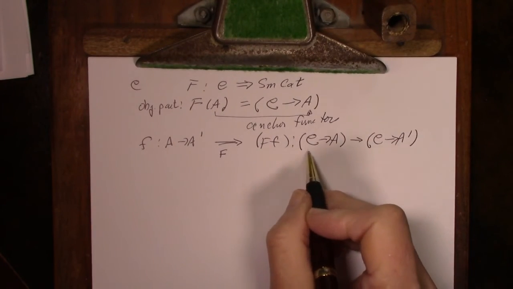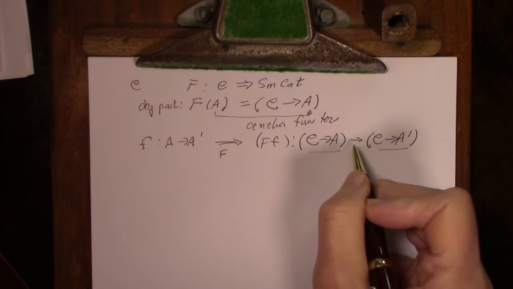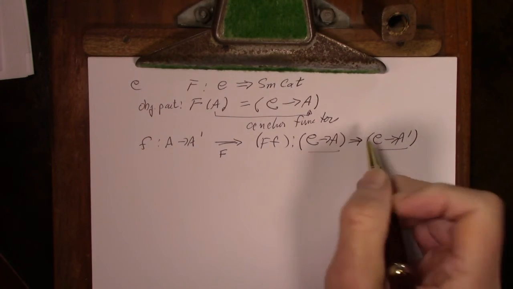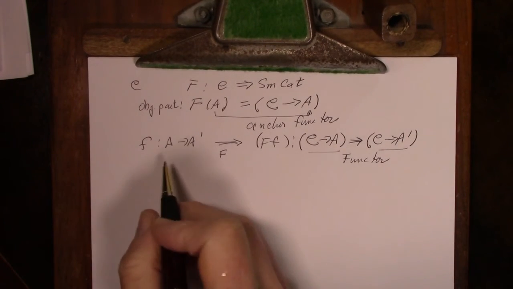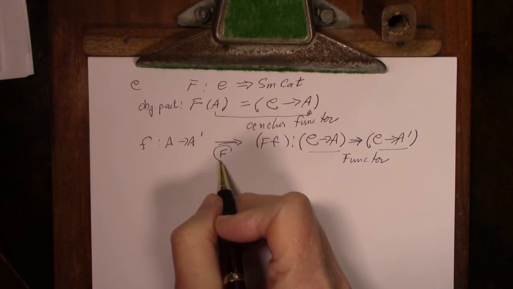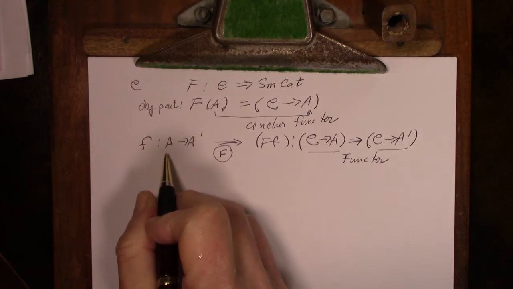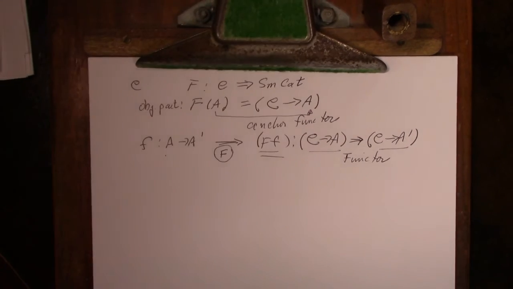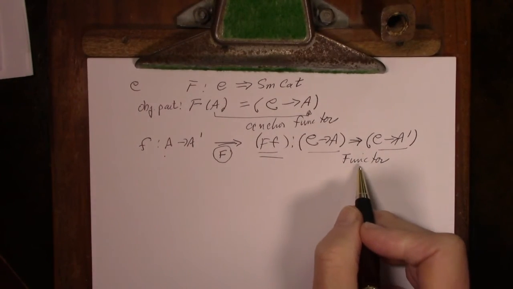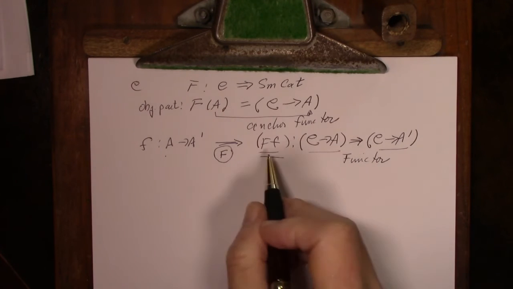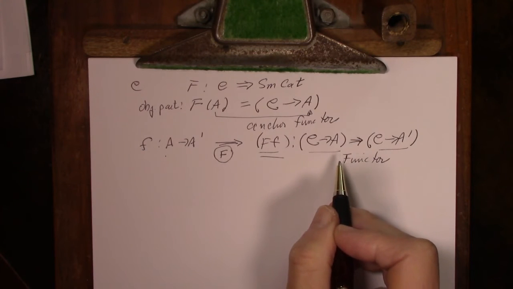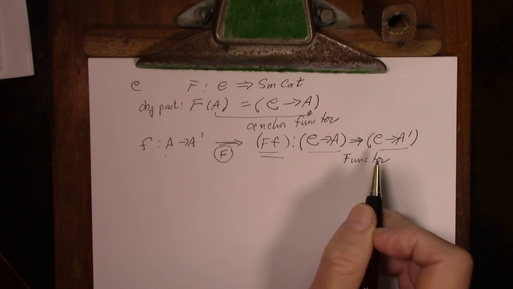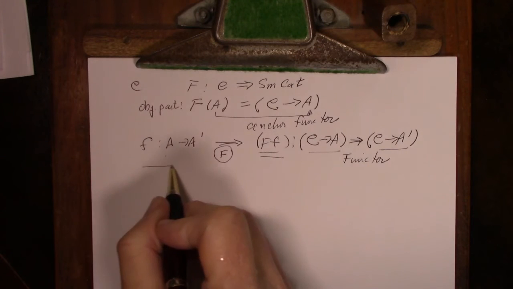What is a morphism between two comma categories? It's a functor. So this is a double arrow. This is a functor. So our initial functor that we're defining, capital F, sends morphisms to functors. So to define this functor, FF, we need to say what it does to objects and what it does to morphisms. So I'll draw a line here.